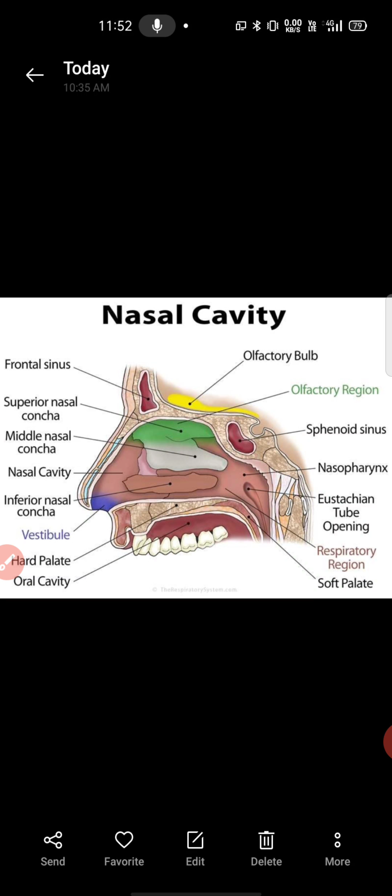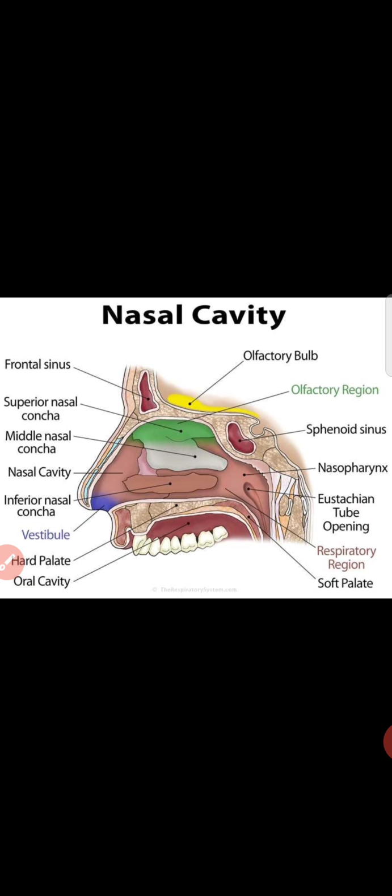Sneezing can transmit infection, called droplet infection, that can carry harmful pathogens. So when you are sneezing, put a cloth or a napkin on your nose to prevent the infection.